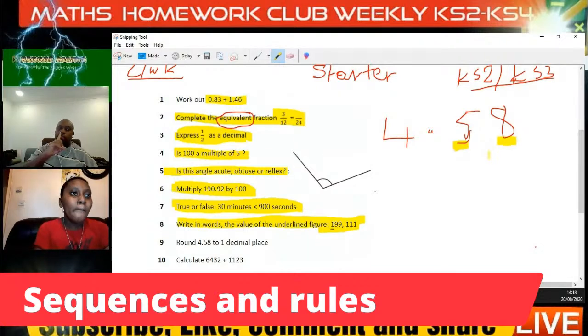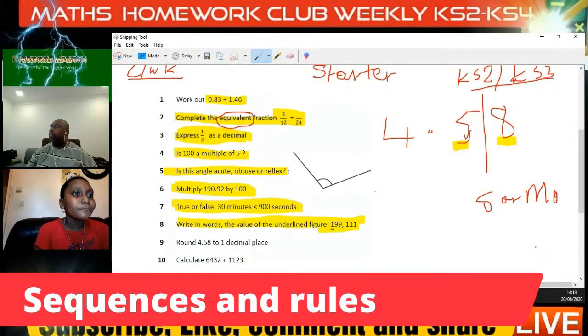So the rule is, you look at the second decimal place, which is here. If the number is 5 or more, you round up.